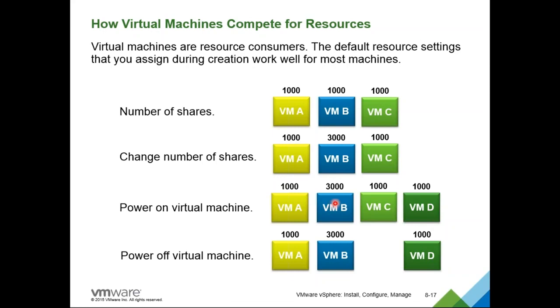The rest of the shares can be accessed by these three virtual machines. Even for these three virtual machines, we allocated a thousand shares maximum. Out of 1000, whatever is needed when powering on the virtual machines, only that will be consumed.